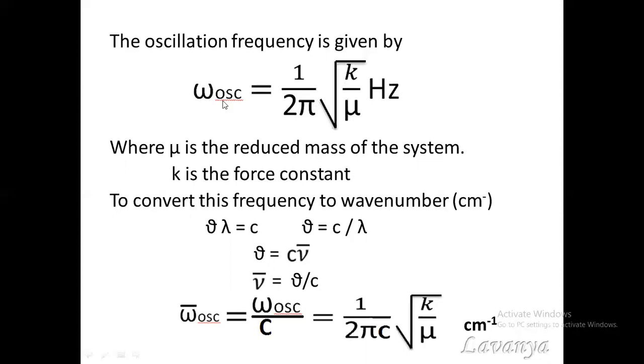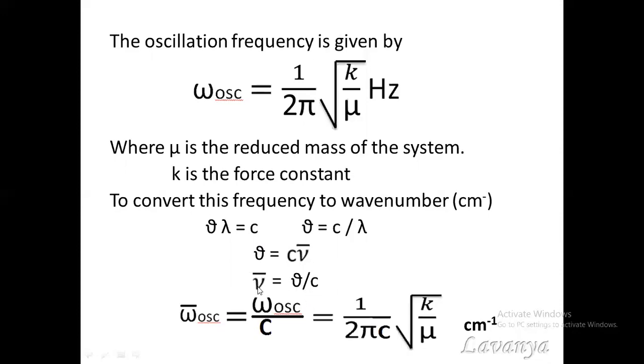To convert this frequency into wave number, we use the relation nu lambda is equal to C, from which nu is C by lambda. We know that 1 by lambda is the wave number, so nu is equal to C into nu bar, where nu bar is the wave number. To get the wave number in centimeter inverse, you divide the frequency by C.